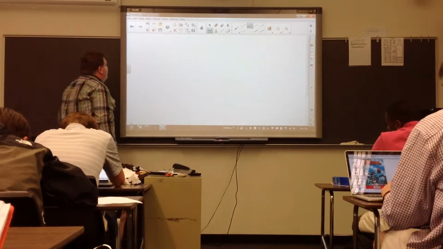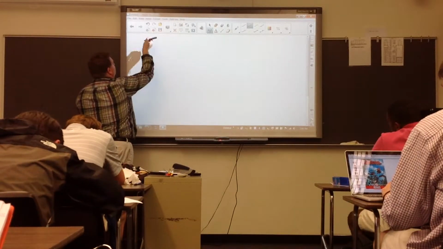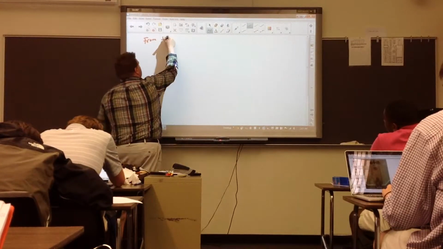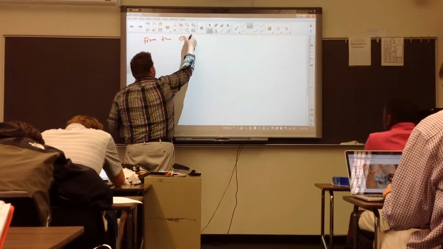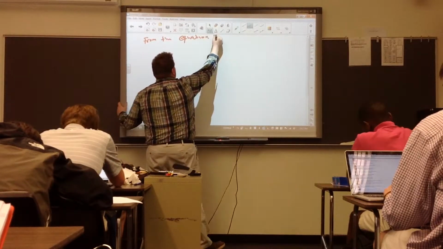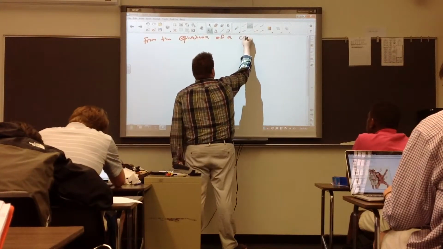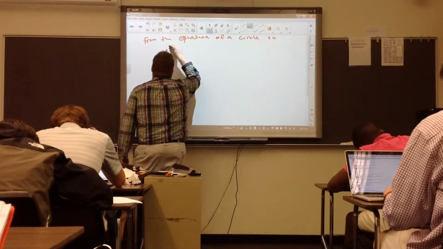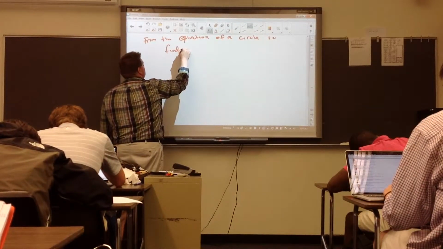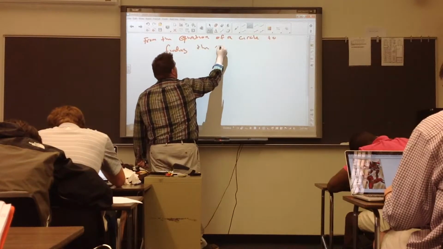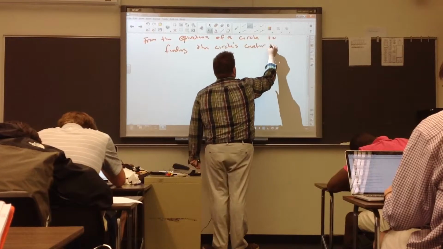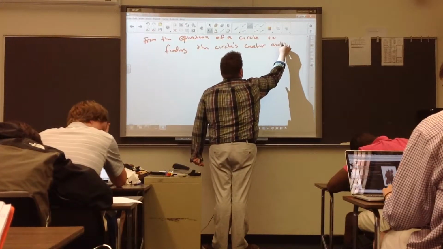So in this example here, we're going to go from the equation to finding the circle's center and radius.